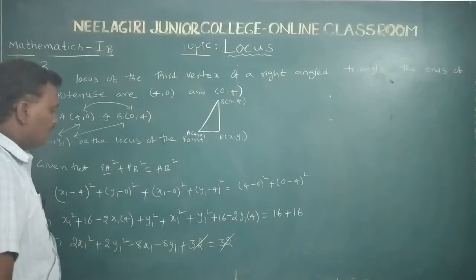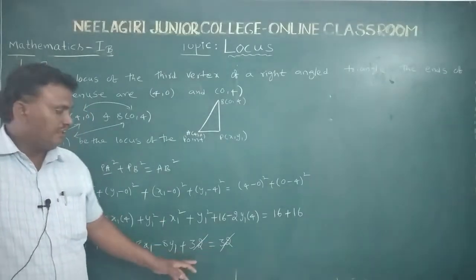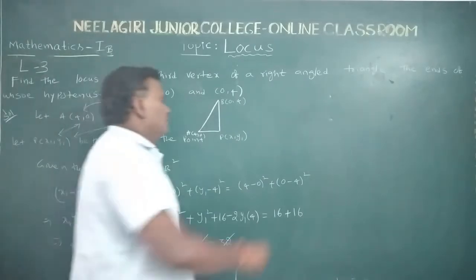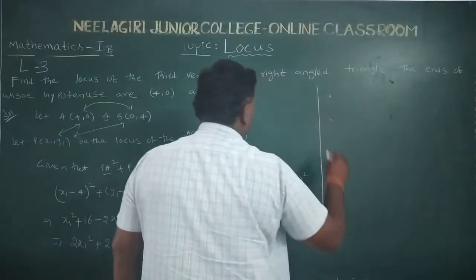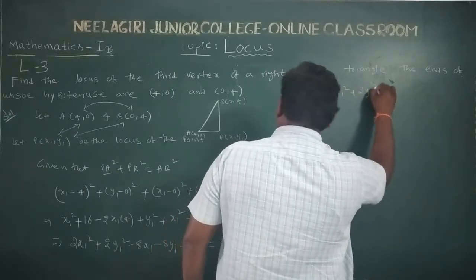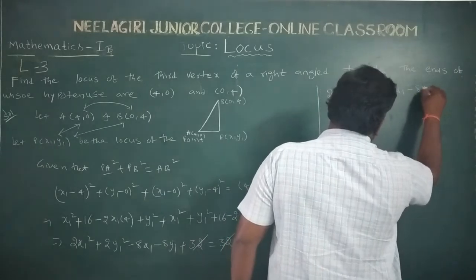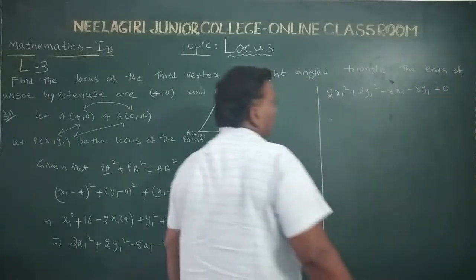The 32 cancels, the signs are the same, both cancel. What is the remaining equation? 2x1 square plus 2y1 square minus 8x1 minus 8y1 is equal to 0.